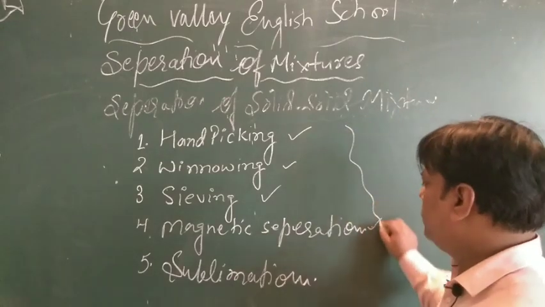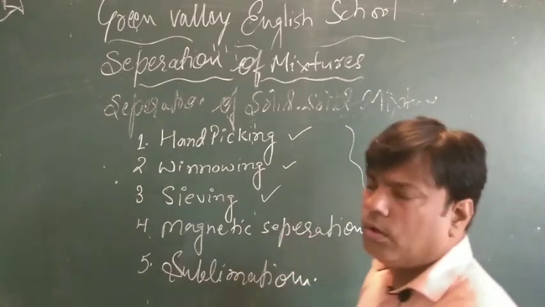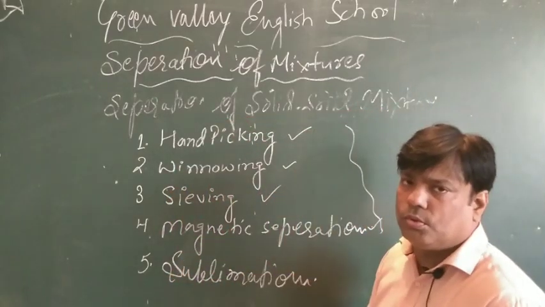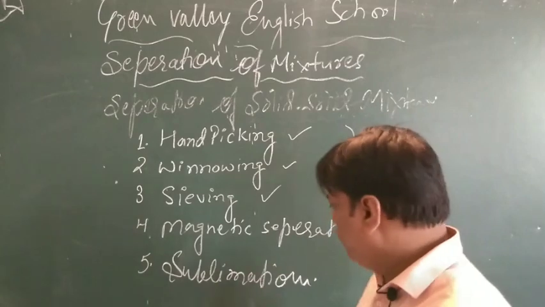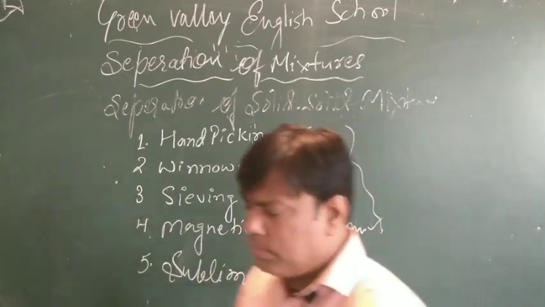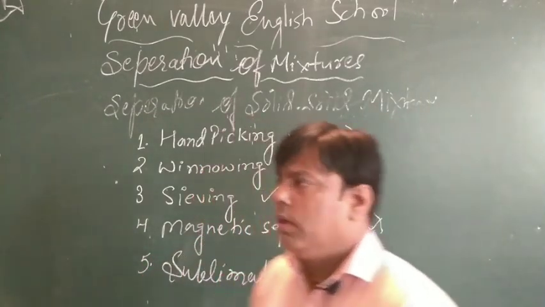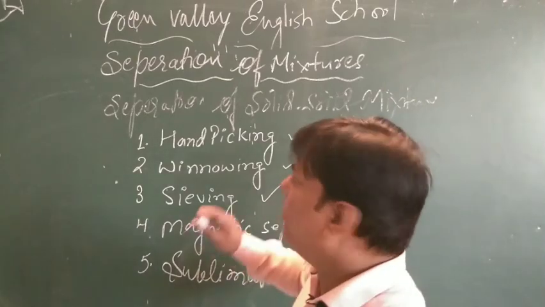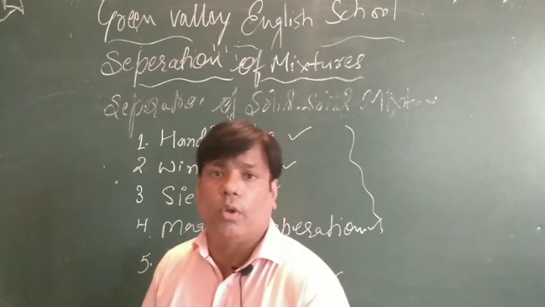So these are a few methods used to separate solid from solid. One more is sublimation. How does sublimation help? Suppose I have a mixture of ammonium chloride and sodium chloride.